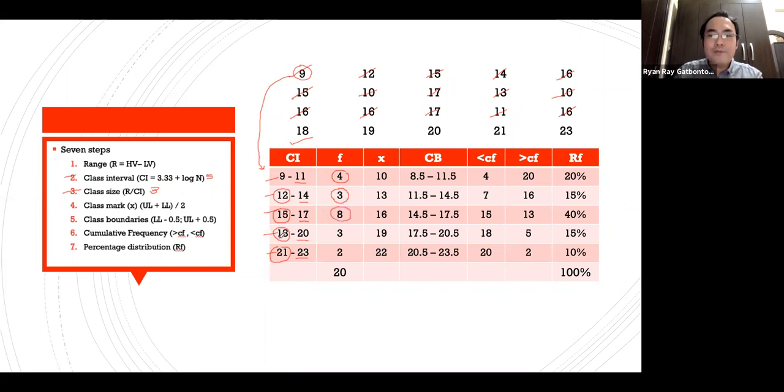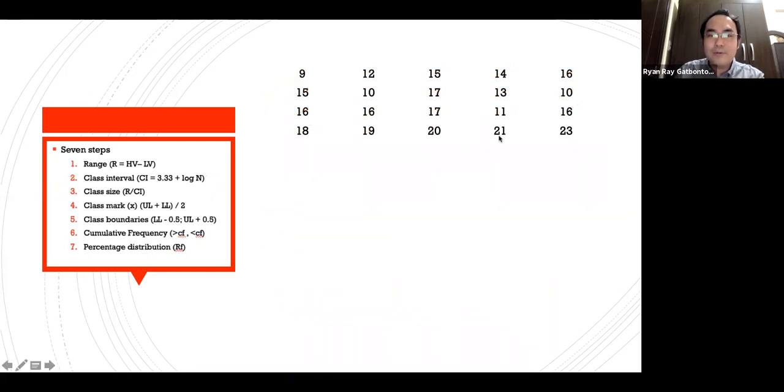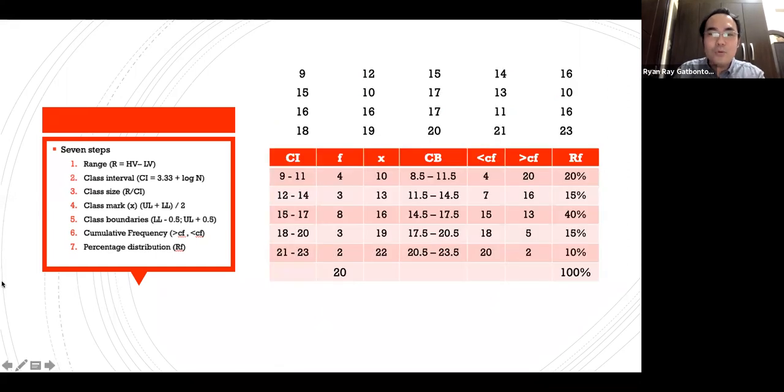For the values that will fall in the class interval of 18 to 20, we get 1, 2, and 3. So that's why this is 3. And for the class interval of 21 to 23, we have 2.